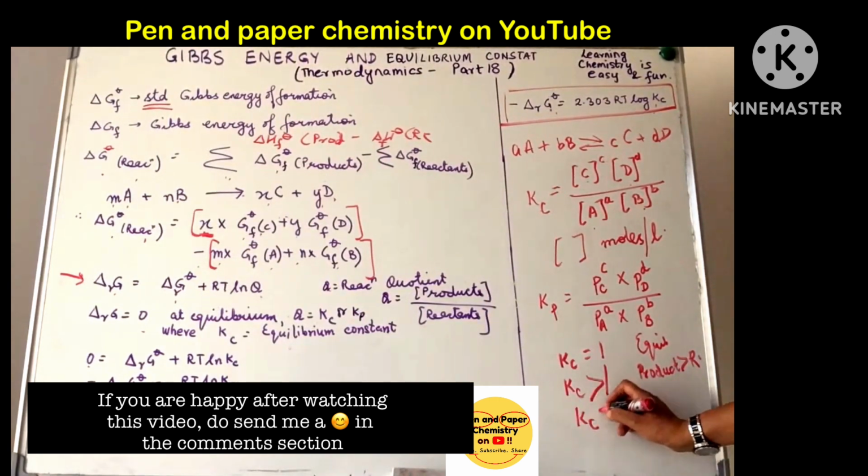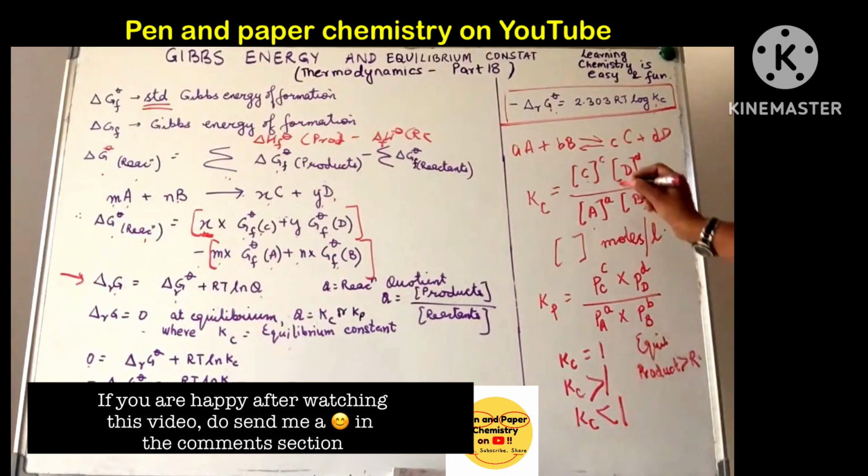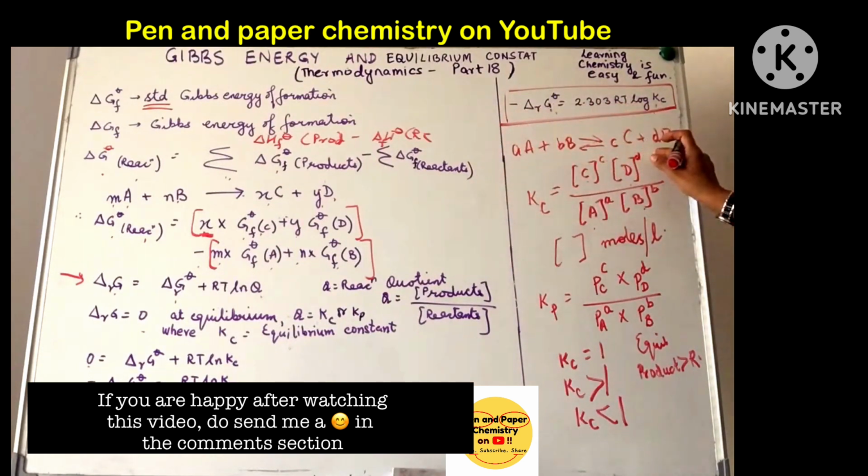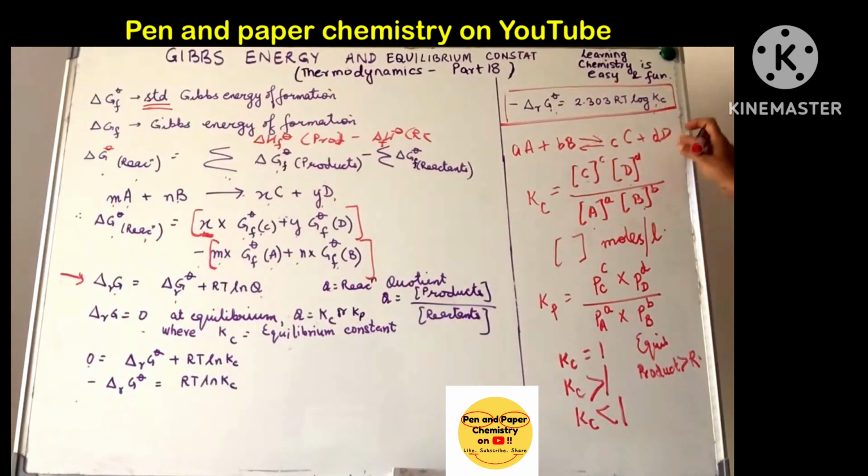Kc less than 1: in other words, the denominator is greater than the numerator, in other words, my reaction is lying towards the left hand side of an equilibrium reaction. There is less formation of products taking place for such a reaction under the given conditions, so your reactants are greater in concentration compared to the products.